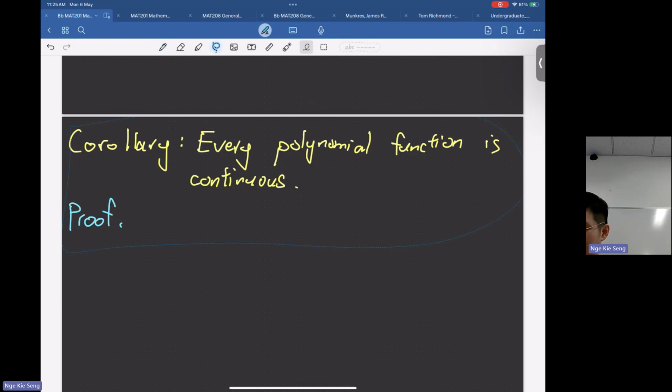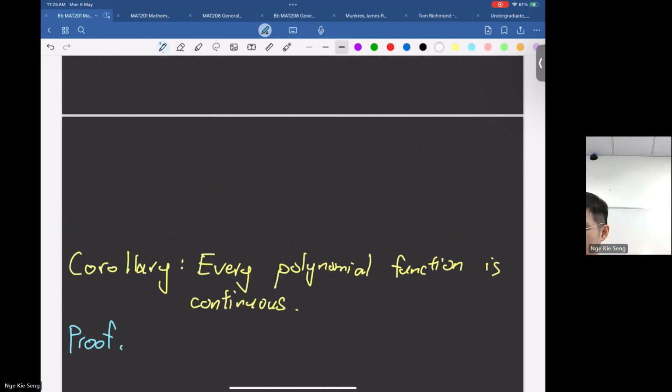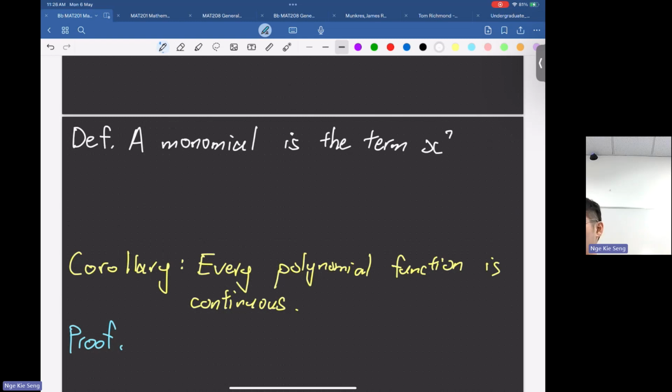Should I define this? Let's define it then. A monomial is the term x to the power i for some i in Z. So these are the monomials.